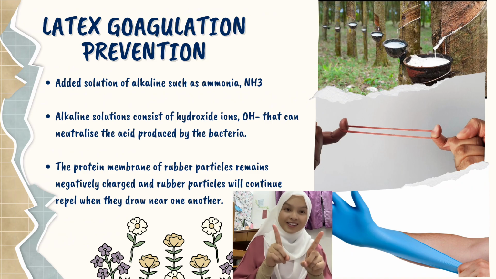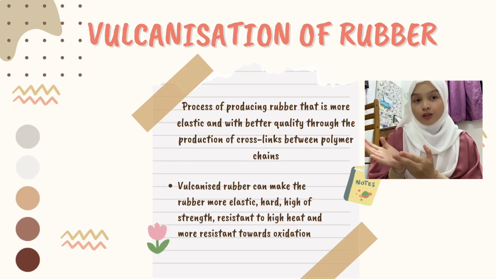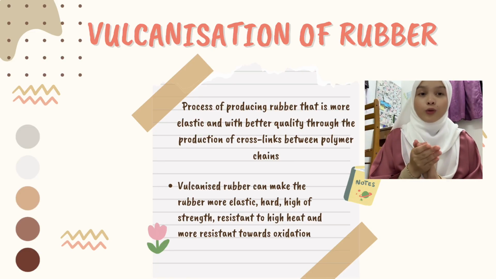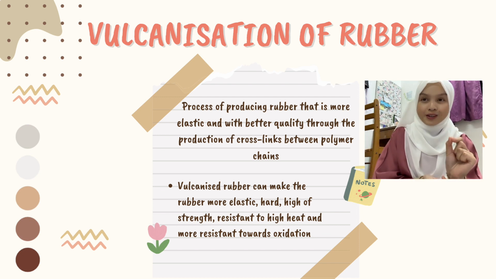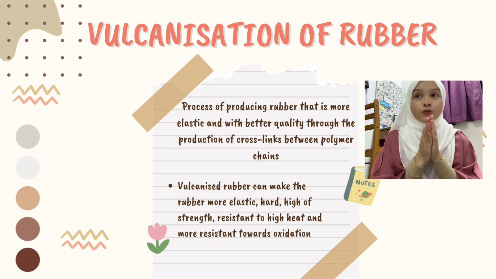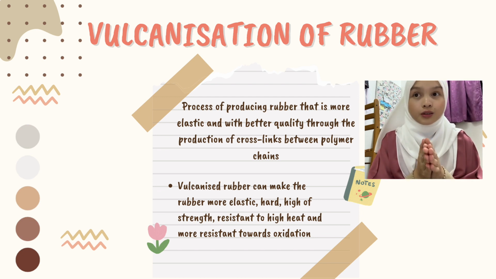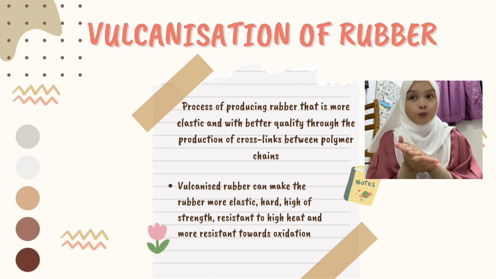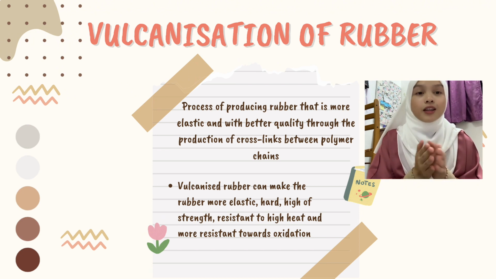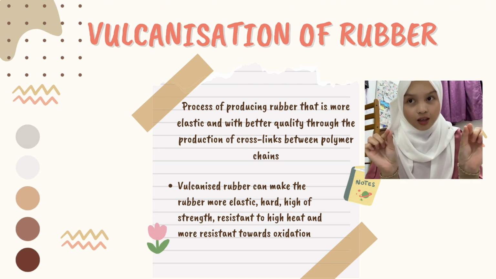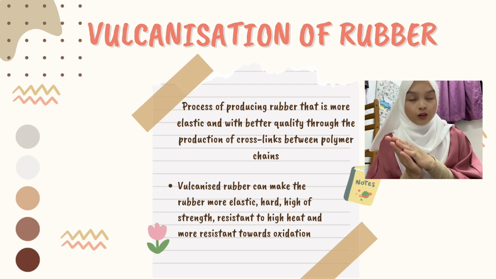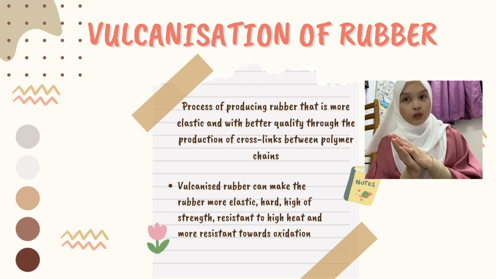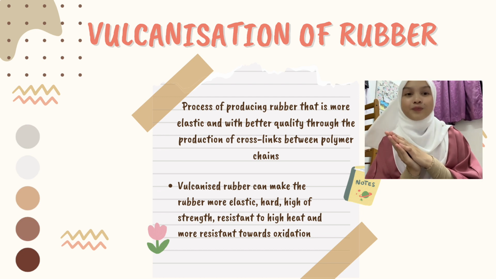Before we get to the synthetic rubber, I want to explain a little bit about vulcanization of rubber. Vulcanization of rubber is a process of producing rubber that is more elastic and of better quality through the production of cross links between polymer chains.